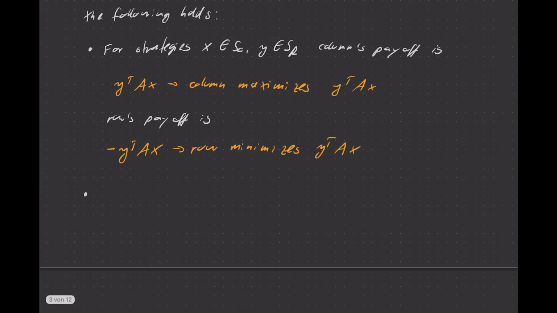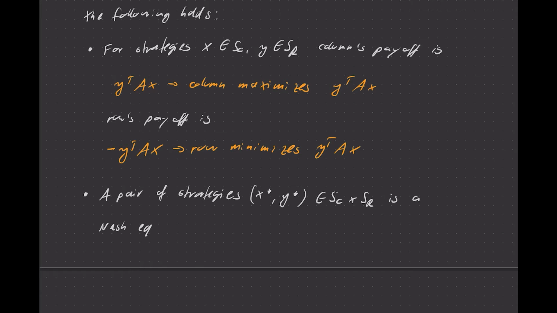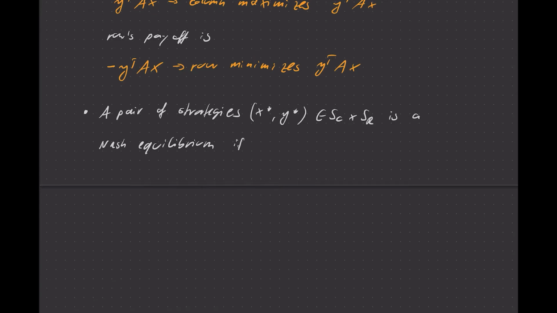And second point, Nash equilibria. The pair of strategies x star, y star in S_C times S_R is a Nash equilibrium if and only if... What do we need for a Nash equilibrium?